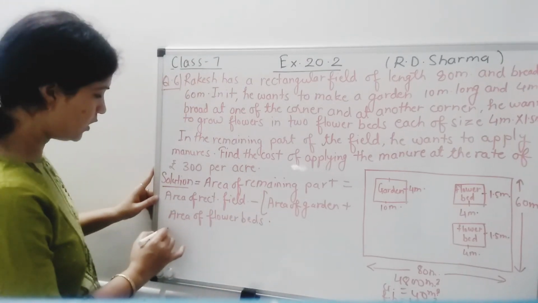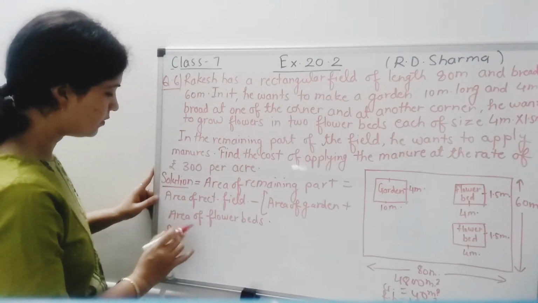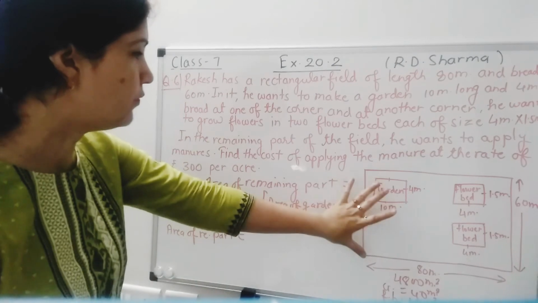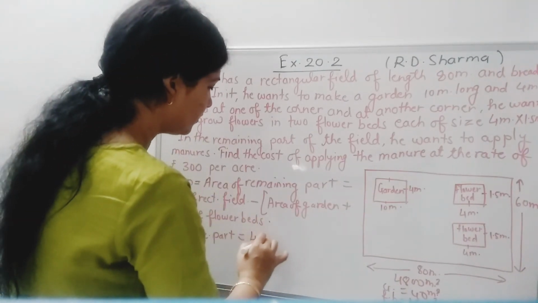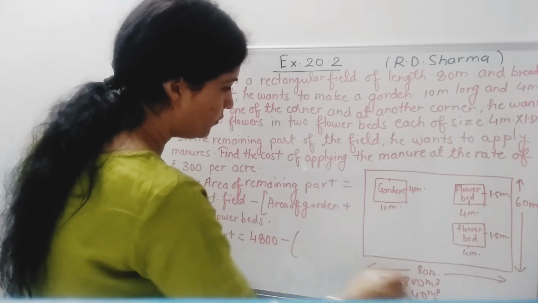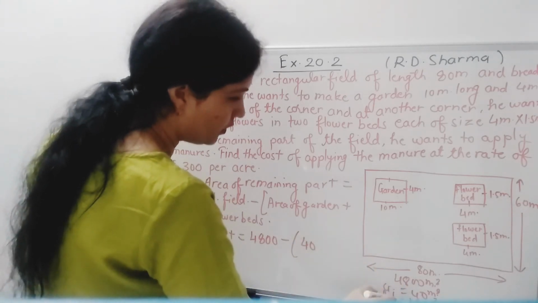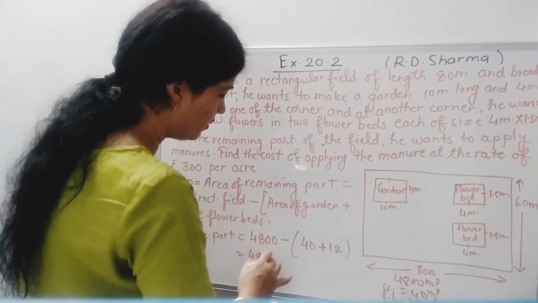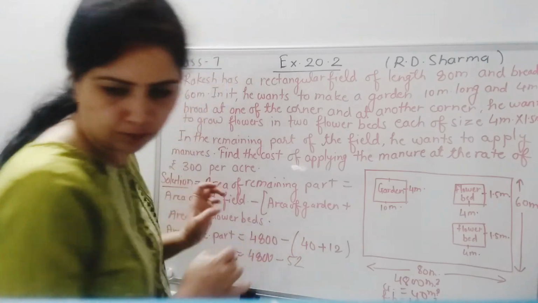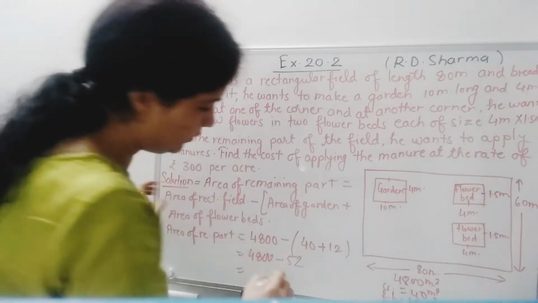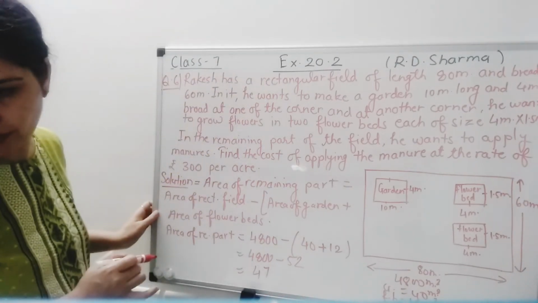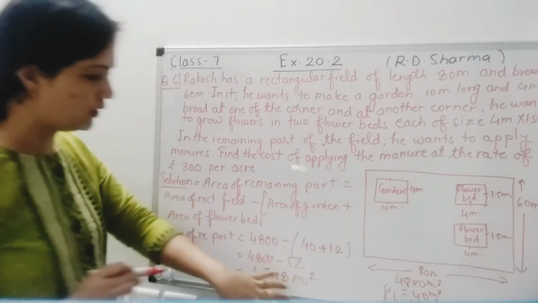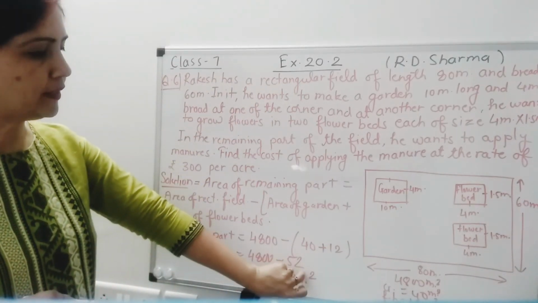So the area of the remaining part equals 4,800 minus (garden 40 plus flower beds 12). 4,800 minus 52 gives you 4,748 meter square.